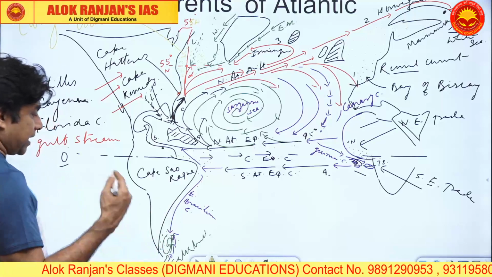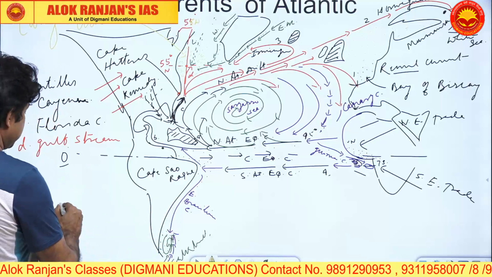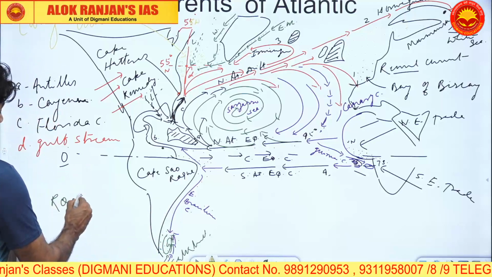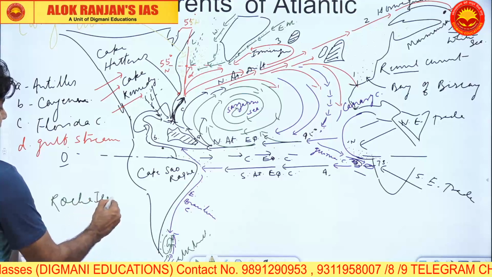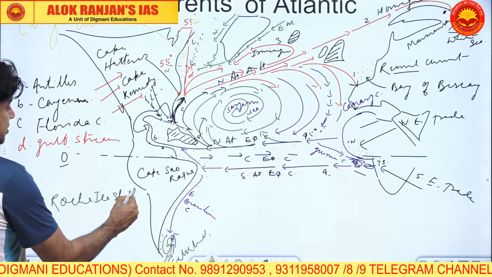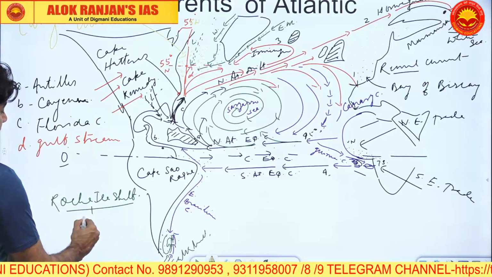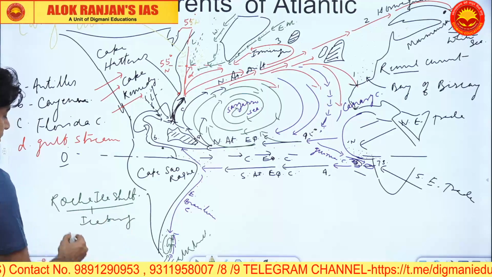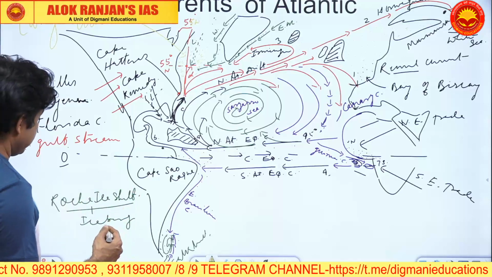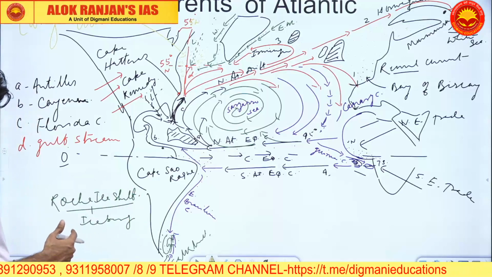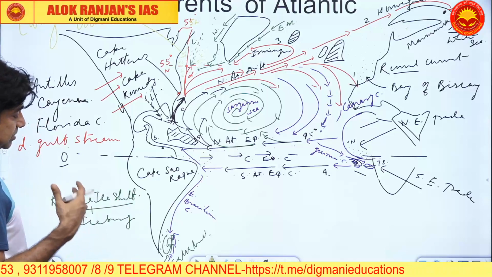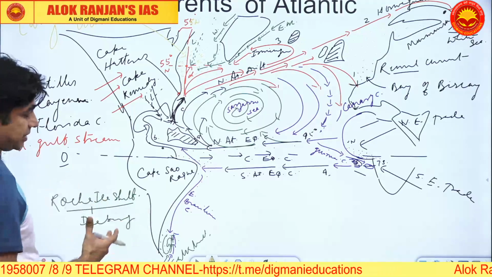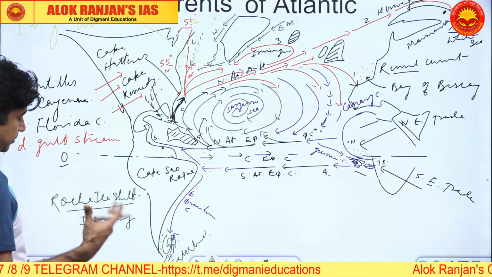And now how is this Falkland current generated? Actually from the Ross ice shelf, the huge icebergs are breaking. Ross ice shelf is the largest ice shelf in Antarctica, rather of the world.